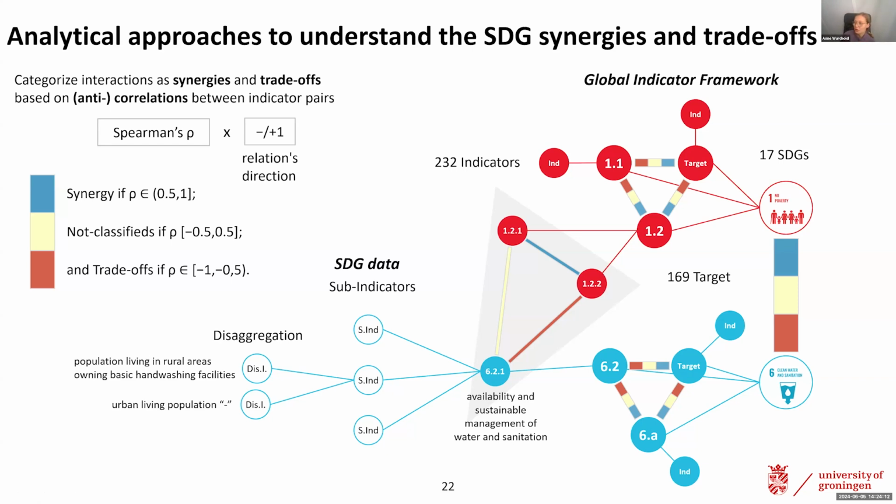And then you could measure the correlation to an indicator related to SDG 1, in relation to reducing poverty. And this is really the basis on how you measure a synergy or a trade-off. And then you can aggregate the results at the indicator level and then later on to the target and goal level if you want to.